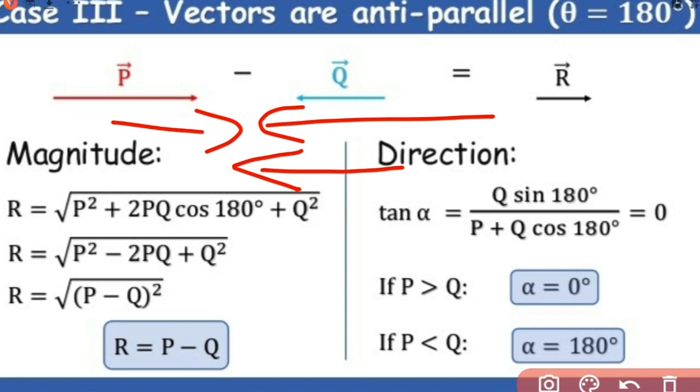In that case alpha is equal to 180 degree. So there are two possibilities when tan alpha equal to 0, that alpha can be 0 or 180. If p is greater than q, alpha is 0, and if p is less than q, alpha is 180 degree.